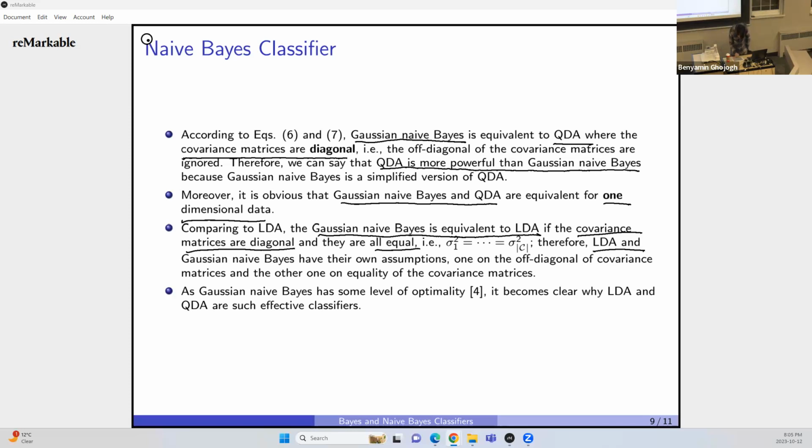Therefore, LDA, QDA, and Gaussian naive Bayes have their own assumptions, so we can't say which one is better, right? One is on the off-diagonal of covariance matrices, and the other on the equality of covariance matrices. Each of them has its own assumption. As Gaussian naive Bayes has some level of optimality, it becomes clear why LDA and QDA are very effective, right?